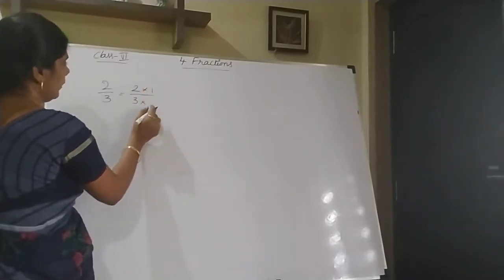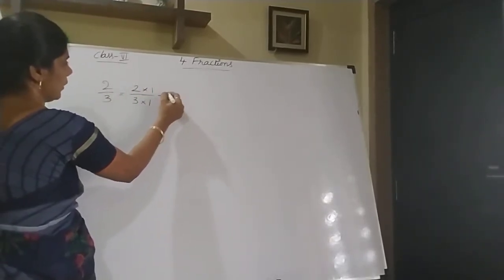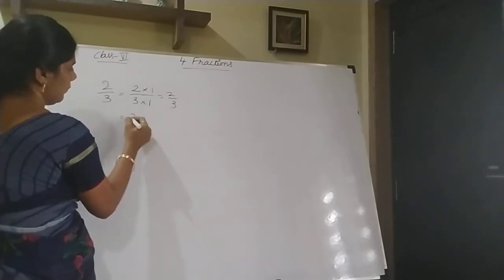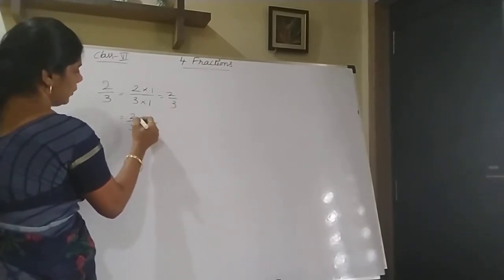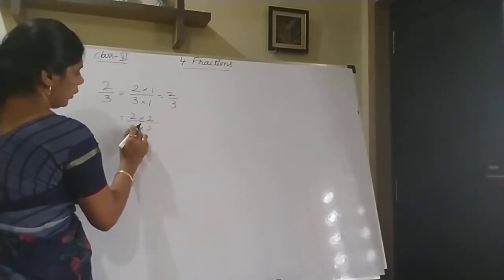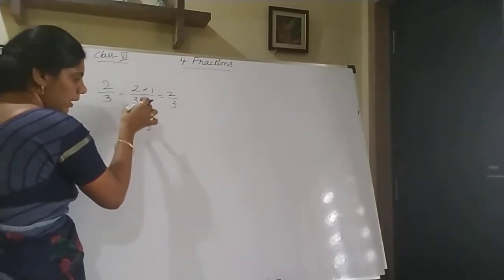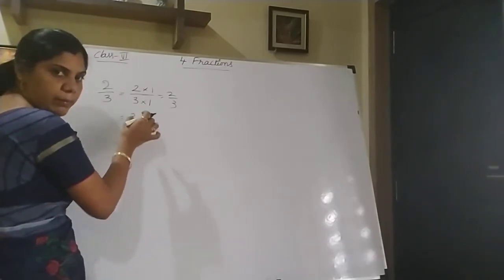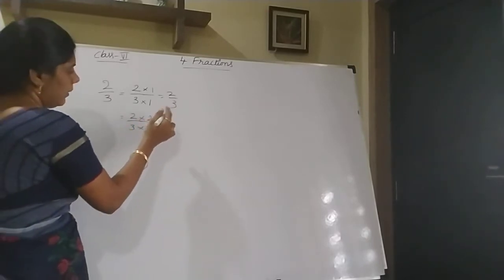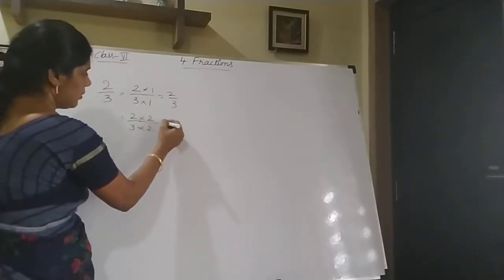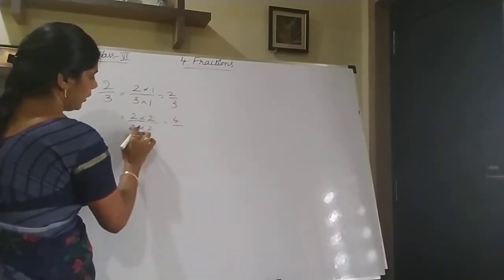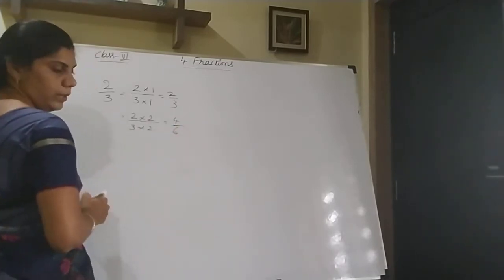See here 1, 1. You will get 2 by 3. Okay, next again I am multiplying with 2. You have to multiply numerator and denominator with the same number. That time only you will get equivalent fractions. See this one, 2 into 2, 4. 3 into 2, 6. Okay.